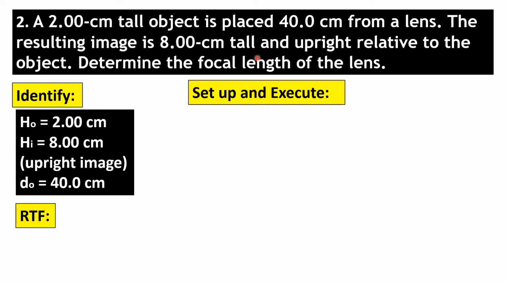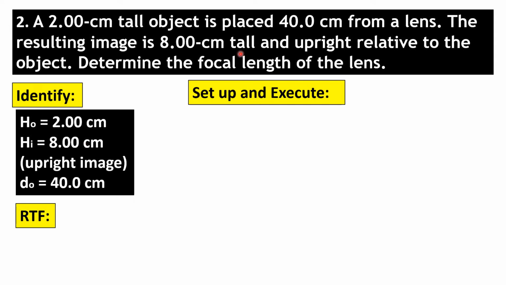2 centimeters here is said to be the height of the object, and we label that as h sub o. We are also given the height of the image, which is 8.00 centimeters.